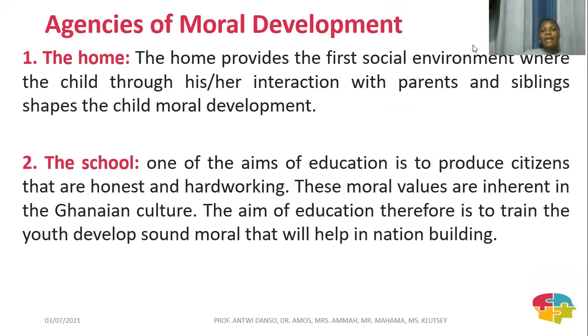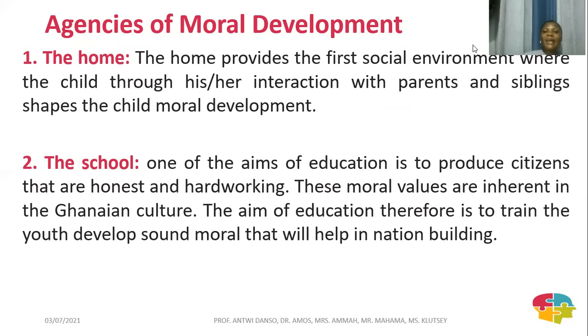Now, what are some of the agencies of moral development? What are some of the institutions? An agency basically is an institution. So what are some of the institutions that help in moral development? The first one is the home, because that is where the child develops first.